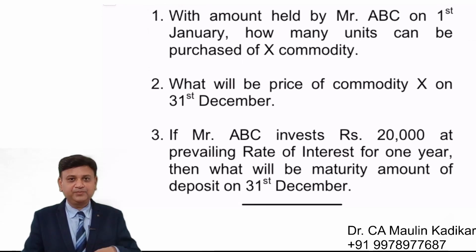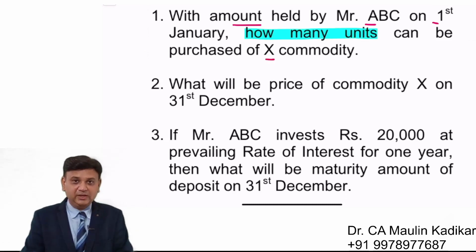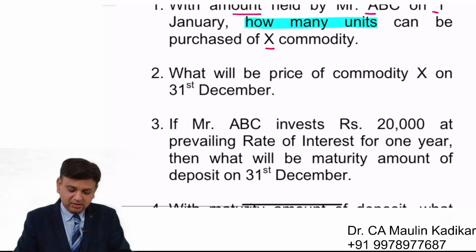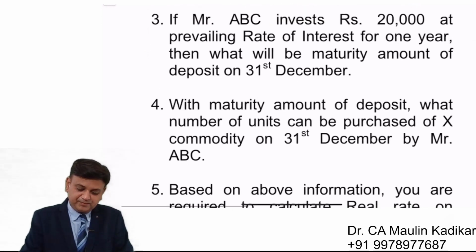First question, with the amount held by Mr. ABC on 1st of January, how many units can be purchased of X commodity today? What would be the price of the commodity X at the end of the year on 31st of December?